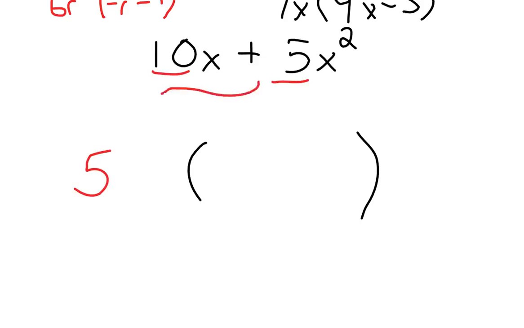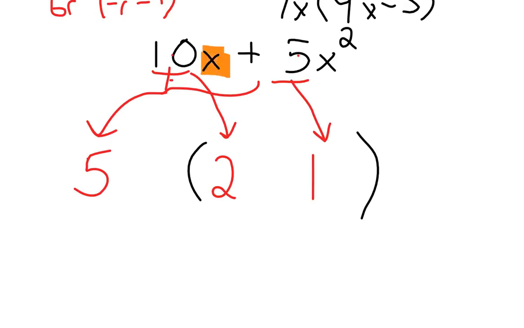So I factor a 5 out of those. If I factor, which means divide, because it's opposite of distribute. Distribute means multiply. Factor means divide. So if I divide 10 by 5, that leaves me with a 2 left over here. If I do 5 divided by 5, it leaves me with a 1 left over here.